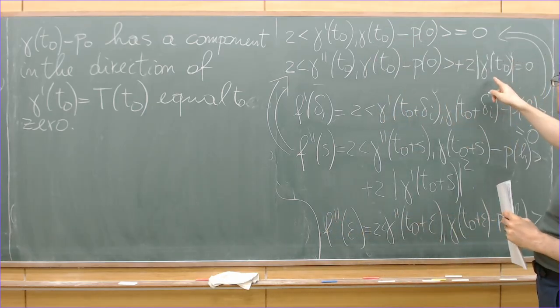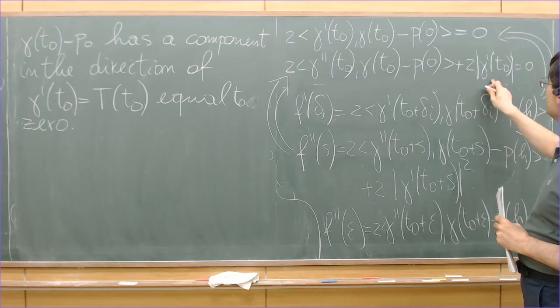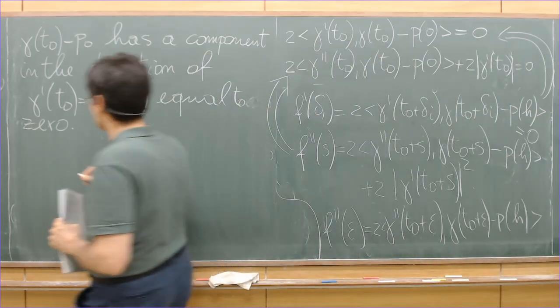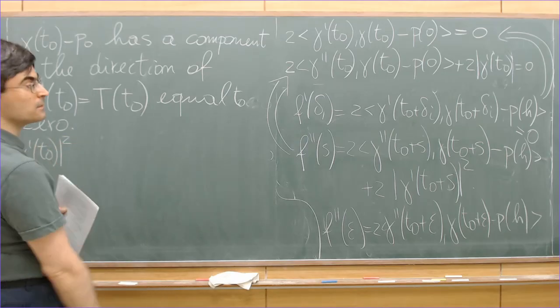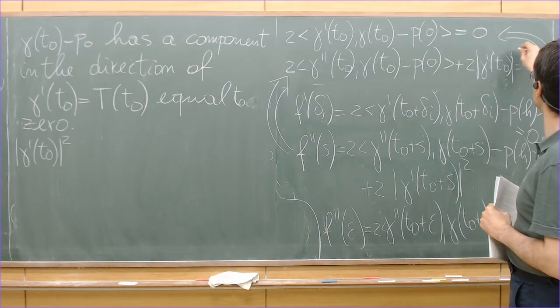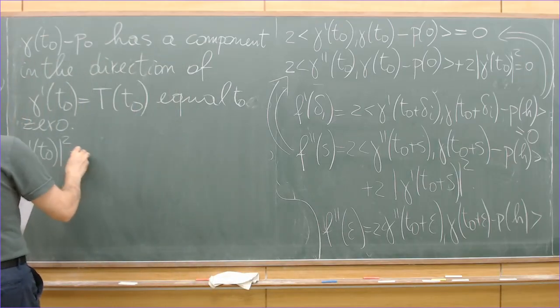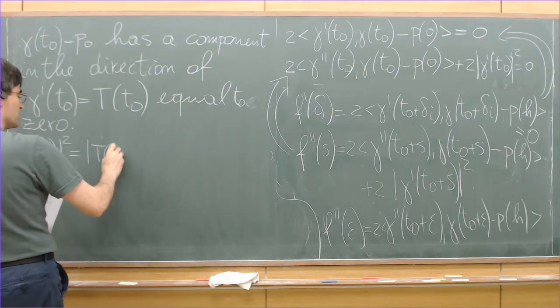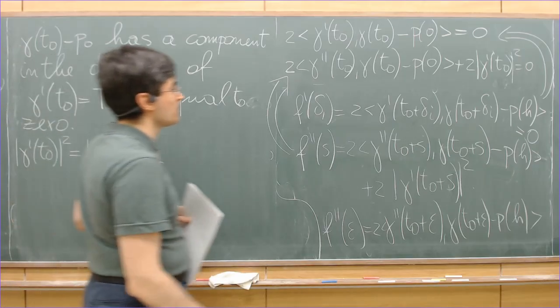So first of all, what is this? This is the length. I think here there should be a square. Okay, anyway, the result does not change. This is the length of T0, which by definition is 1.